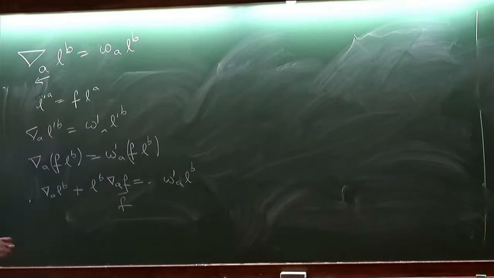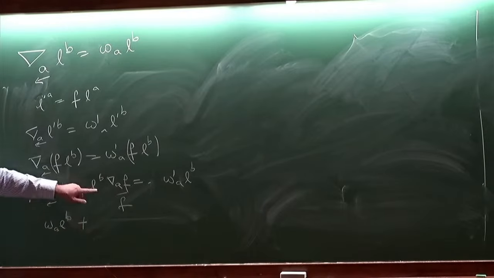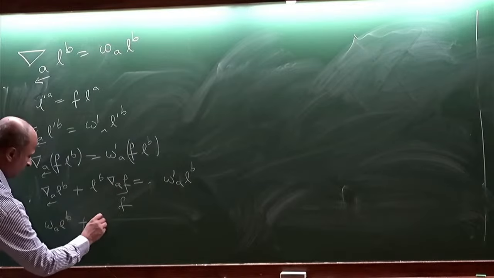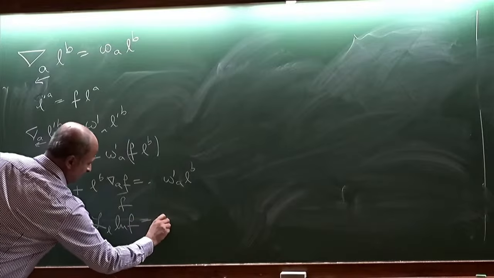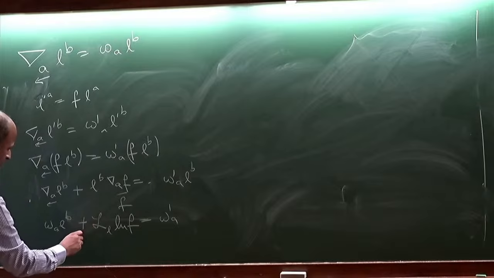Let me cancel the F. This is just omega_A. So index A is always pulled back. So that's omega_A L^B plus L^B grad_A of log F.